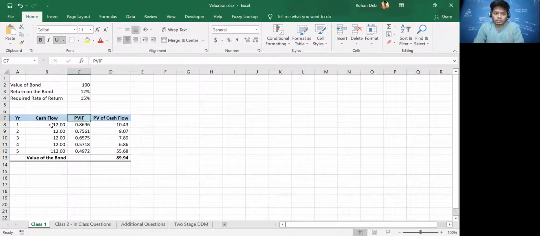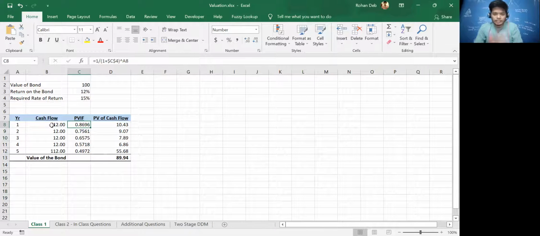You discount it on the basis of the 15%. So PVIF, the present value factor at 15%, is calculated as 1 by 1.15 to the power, in this case first year, so 1, to the power 2, to the power 3.